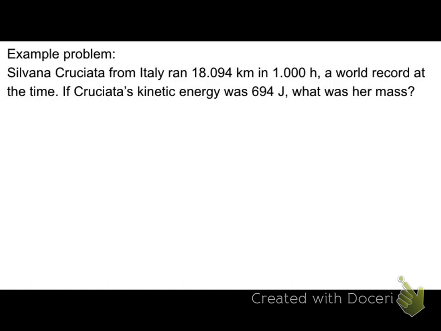To begin with, we're going to use our equation for average velocity to find her speed. Because, of course, velocity is just speed with a direction, so we can use this equation to get it. So our average velocity is going to equal our change in displacement divided by our change in time.